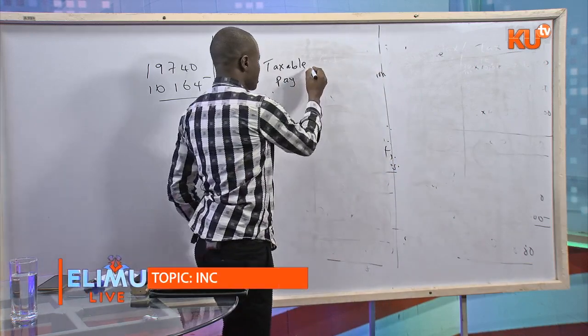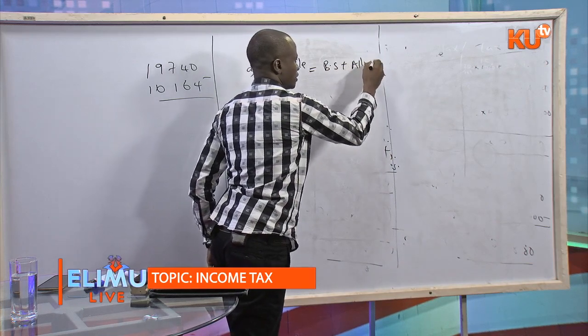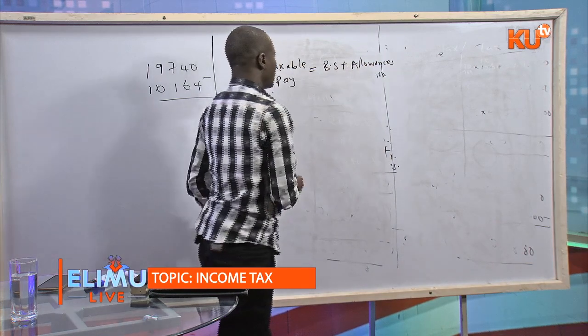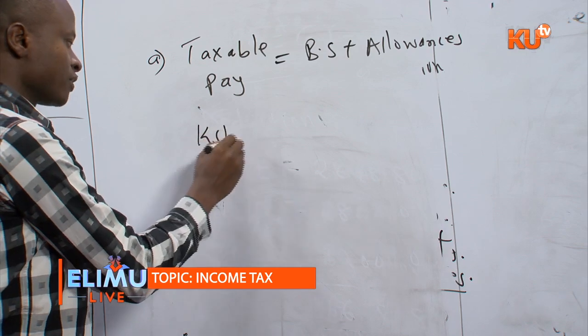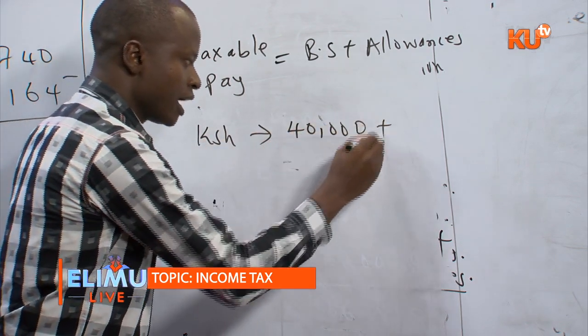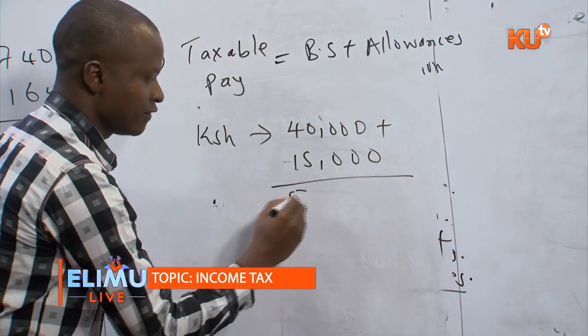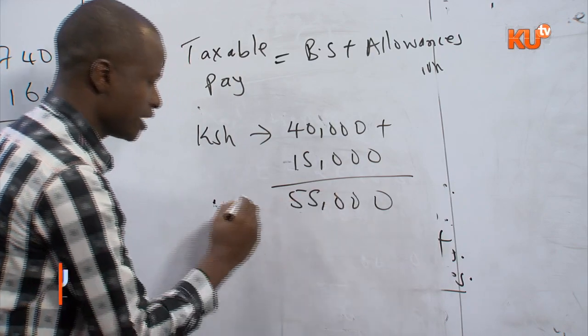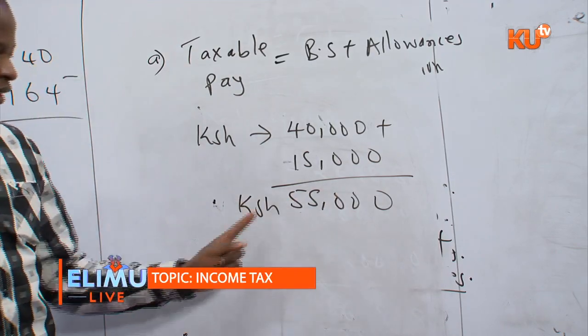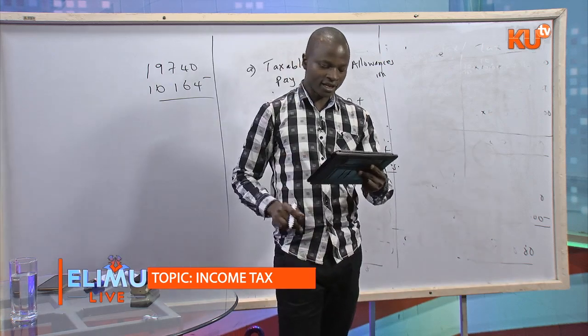Same thing. Now in Kenyan shillings, that will be 40,000. We add 15,000. This gives us 55,000 Kenyan shillings.